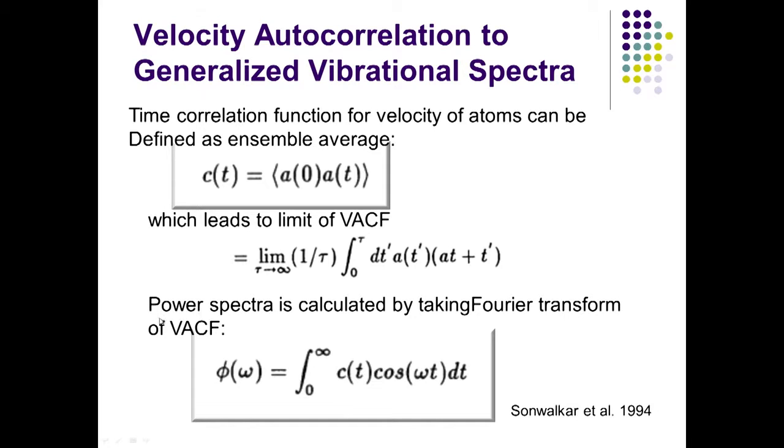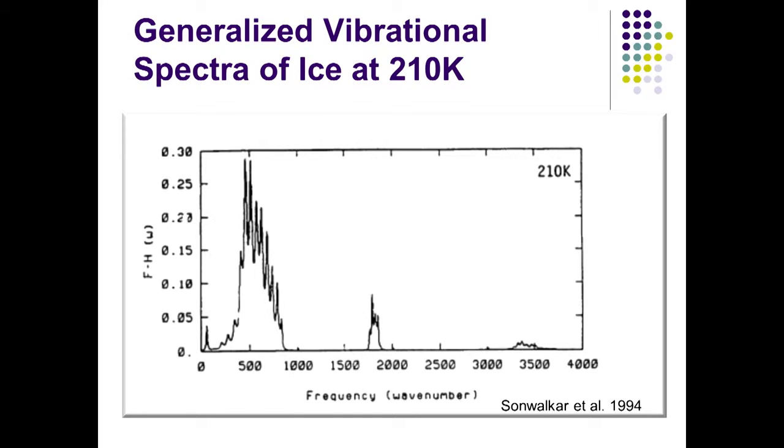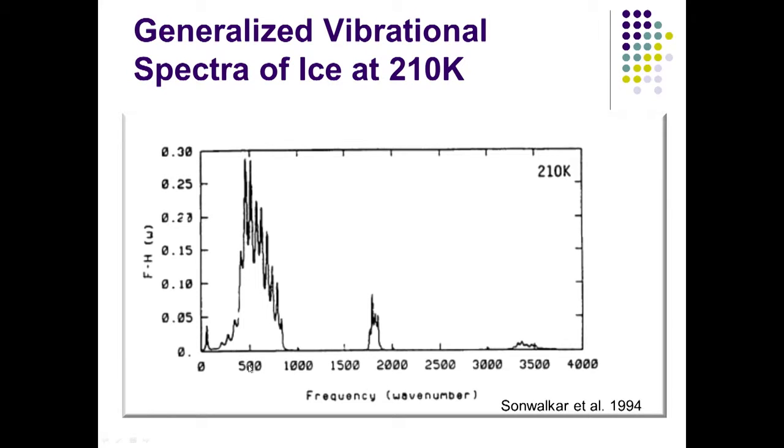If you look at the long time tail of the velocity autocorrelation function and take the Fourier transform, then with cos omega t in the rotational frequencies, we have the vibrational frequency represented, and we are able to look at the case of ice at 210 degrees Kelvin, again that is the state space at atmospheric pressure, 210 degrees Kelvin, below the freezing temperature of 273.